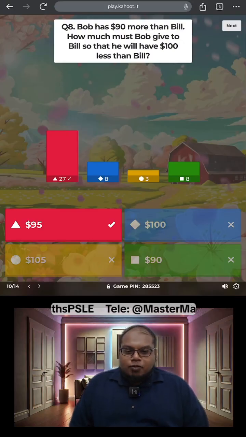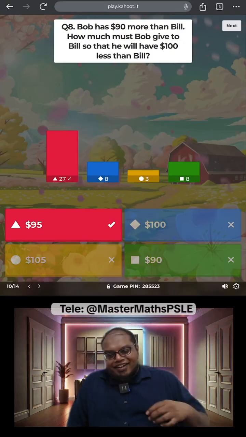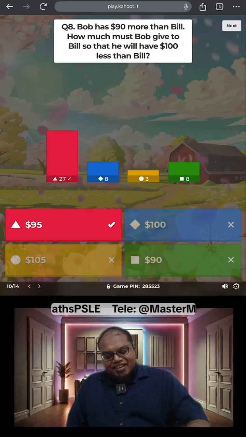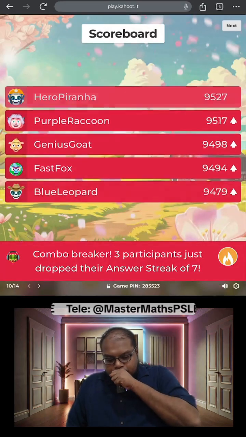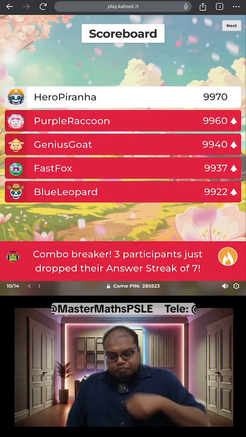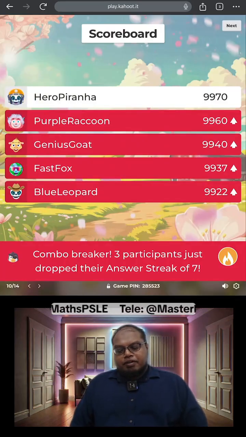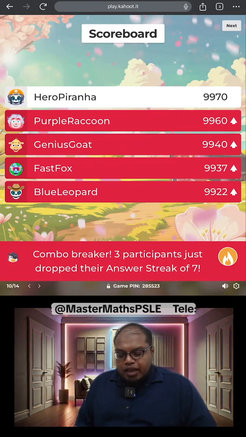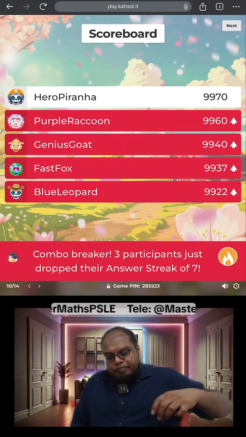Alright, yes, ChatGPT was correct for this question. The answer is 95. The yellow piranha is still at number 1. Good job. And the purple raccoon climbed up.